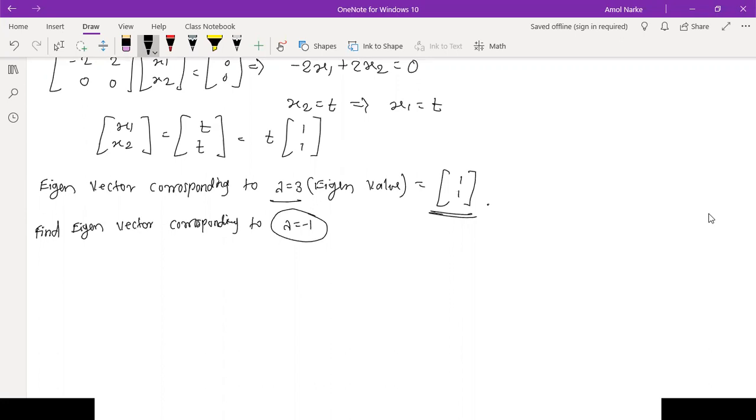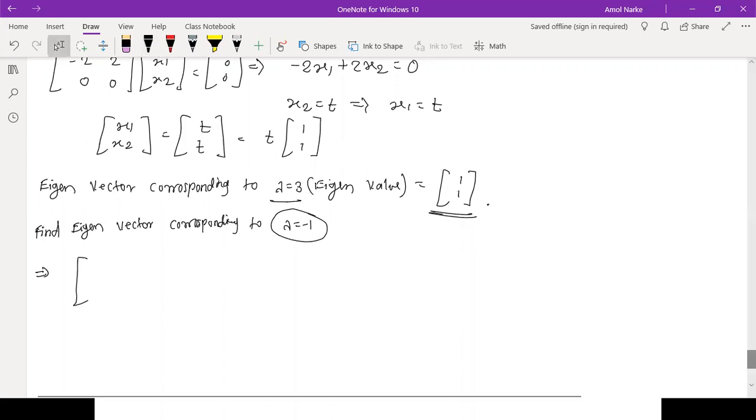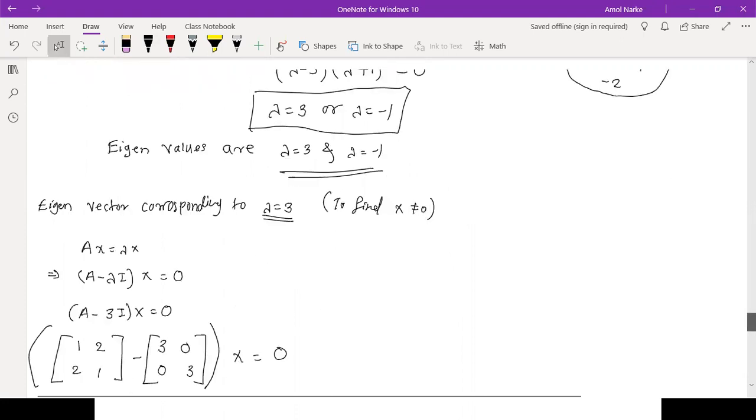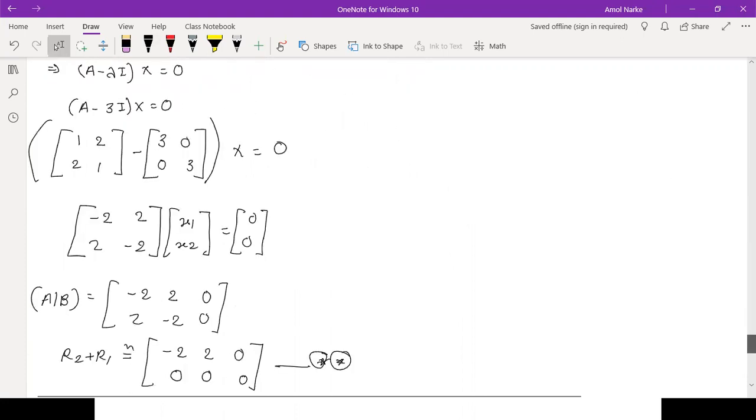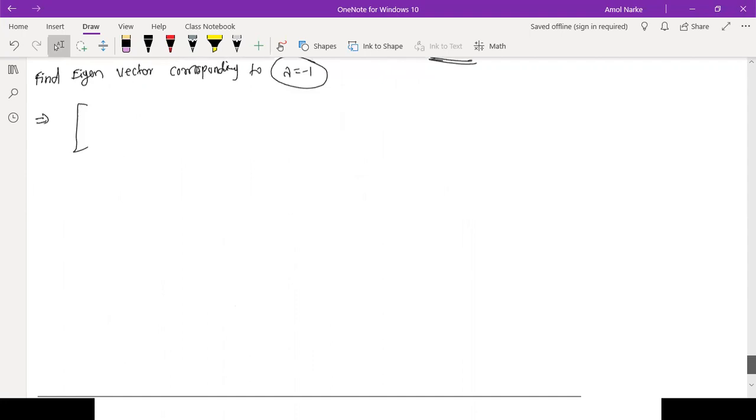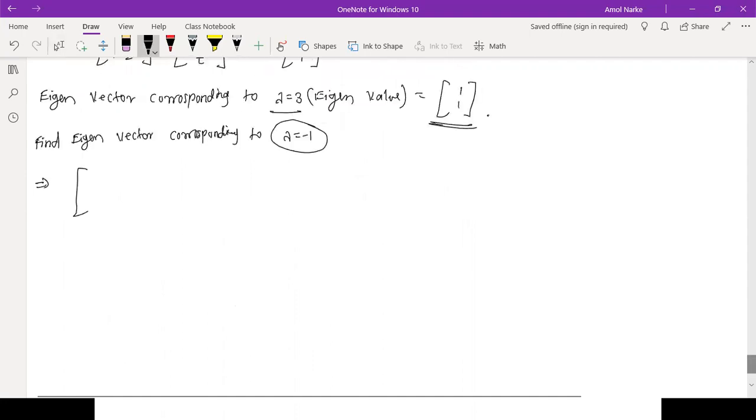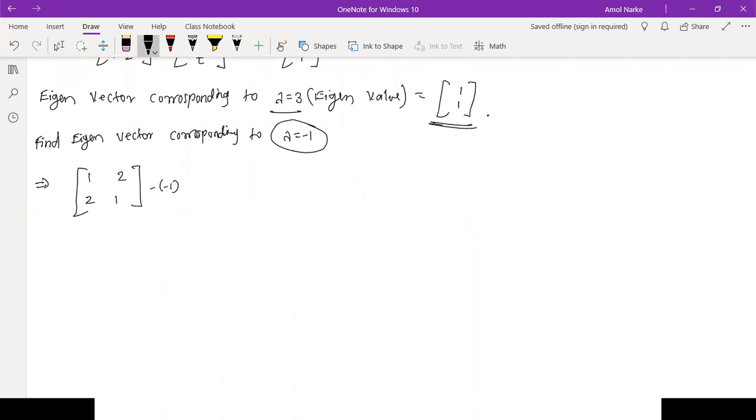Then in this form, you can directly write down. You have your matrix A. Can someone tell me what your matrix A is? 1, 2, 2, 1. Am I correct? So I can write down firstly 1, 2, 2, 1 minus lambda, which is minus 1, times 1, 0, 0, 1, applied on x equal to 0.